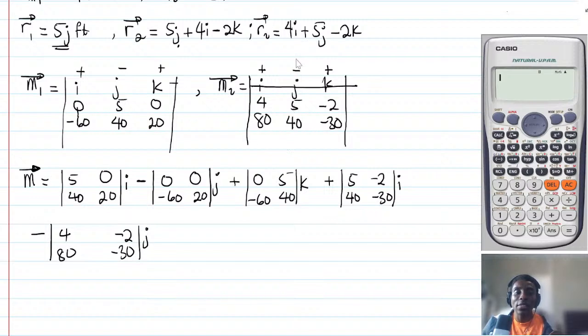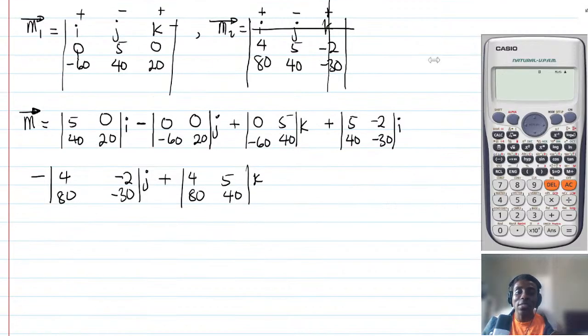Finally, you stand here, cancel everything here, cancel everything here, write what you have, and that's going to be 480 540. Okay, so we are done.